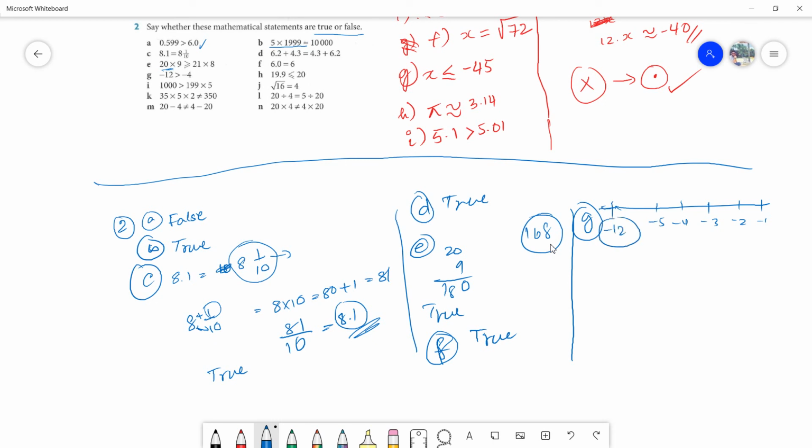In the positive numbering system, if we go 1, 2, 3, 4, 5, the higher it goes, the larger the number is. But on the negative side, the further backward it goes, the smaller the number. So the answer for G is false.